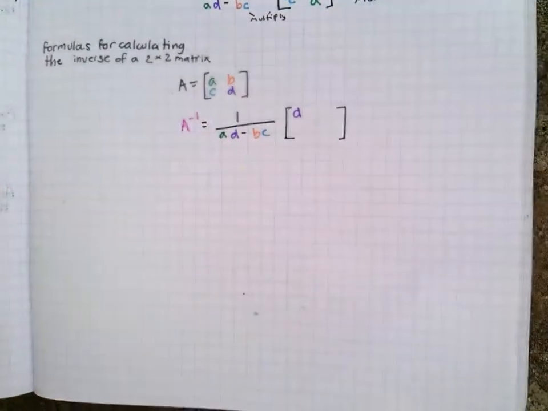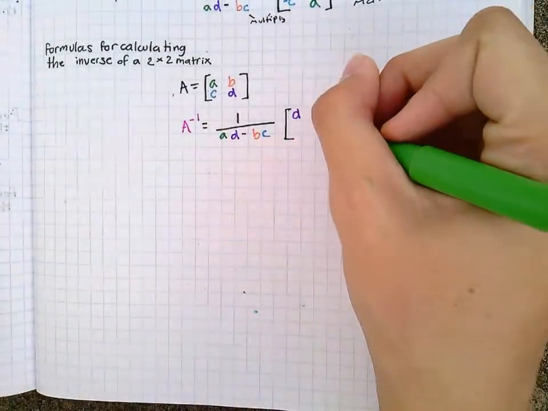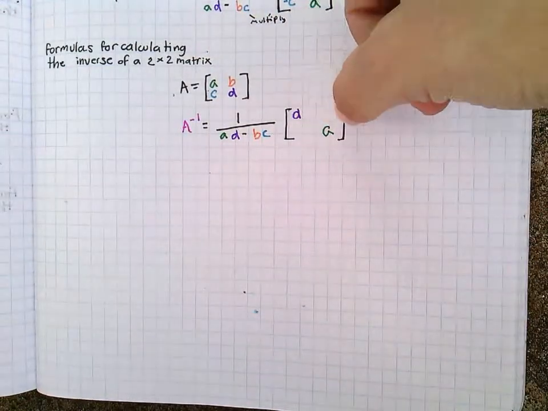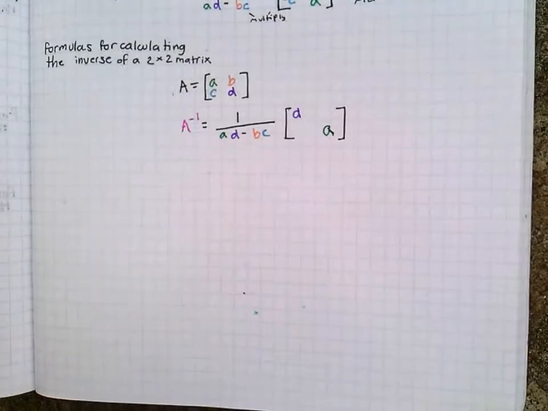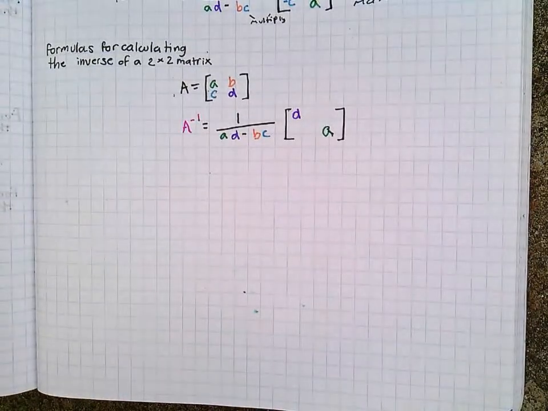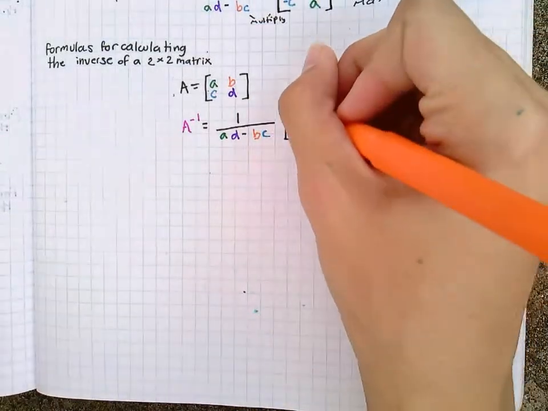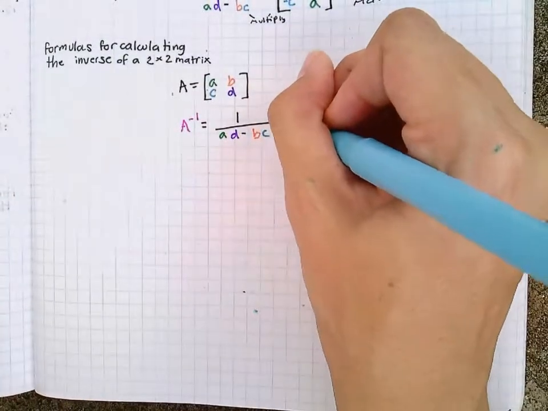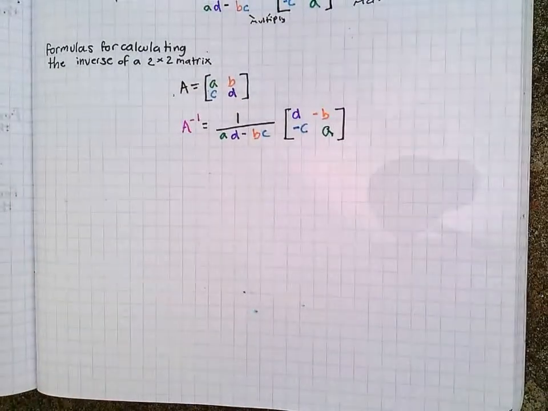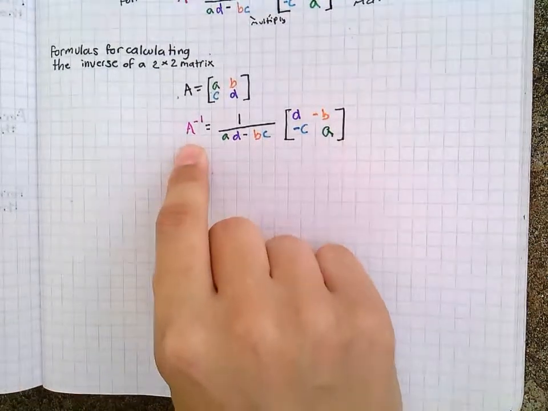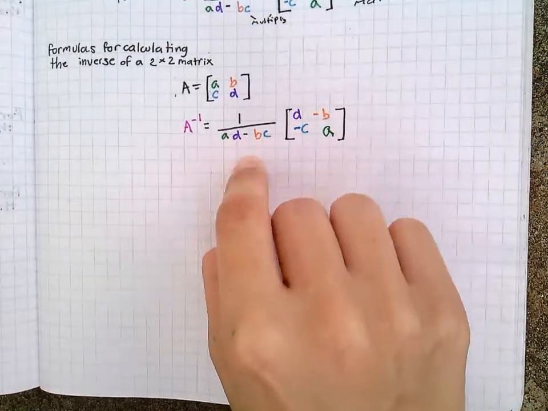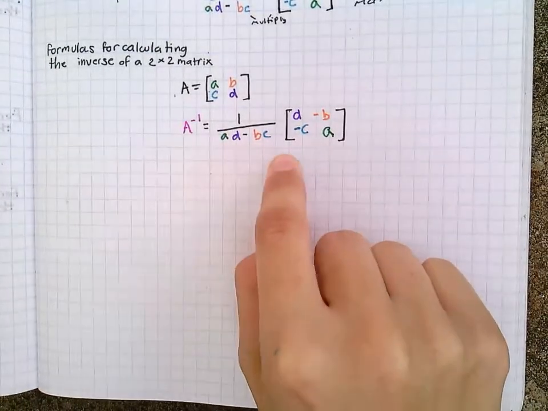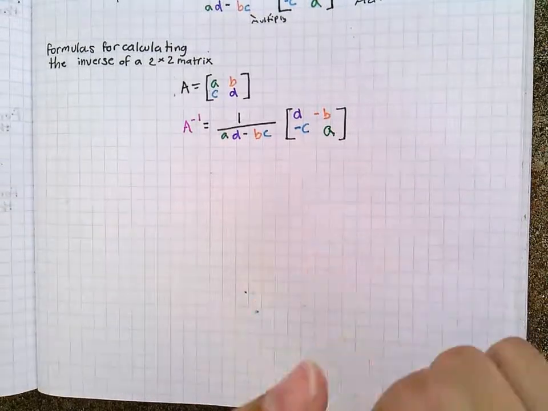So for your A and your D, now they're switched, D and A. Now for your B and C, they stay in the same place, but they turn negative. So, your inverse formula is your determinant, which is a single real number that we learned in our last notes, multiplied by your inverse matrix.